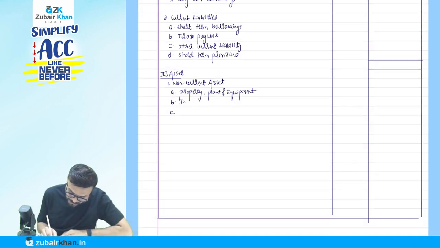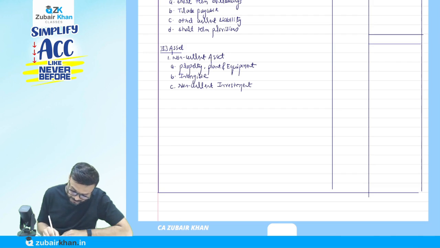Then intangible. Non-current investment. Then here current assets. You write down there 5 points in current assets A, B, C, D, E.